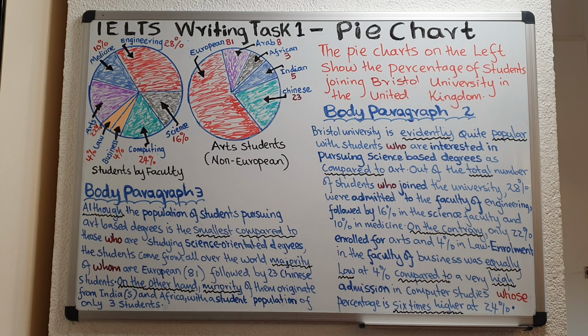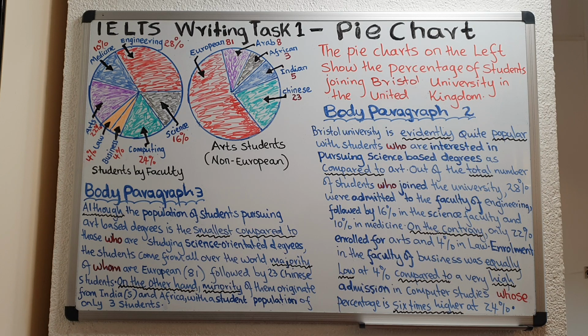I have to support my claim with figures, majority of whom are European. That is 81 students, followed by 23 Chinese students. On the other hand, minority of them originate from India. You have 5 students, and Africa with a student population of only 3 students.